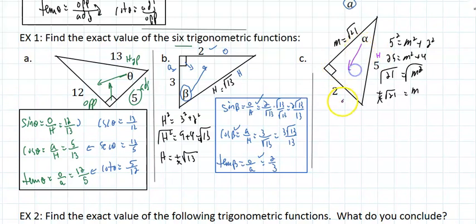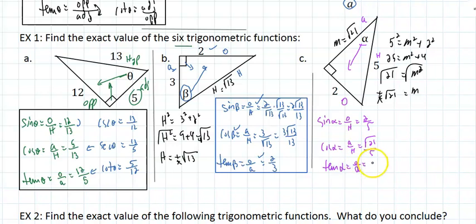The opposite is a 2. And the adjacent is a square root of 21. And the sine of alpha is the opposite over the hypotenuse, that's 2 over 5. The cosine of alpha is the adjacent over the hypotenuse, that's square root of 21 over 5. And the tangent of alpha is the opposite over the adjacent, and that is 2 over radical 21, which is radical 21 times 2 over 21.